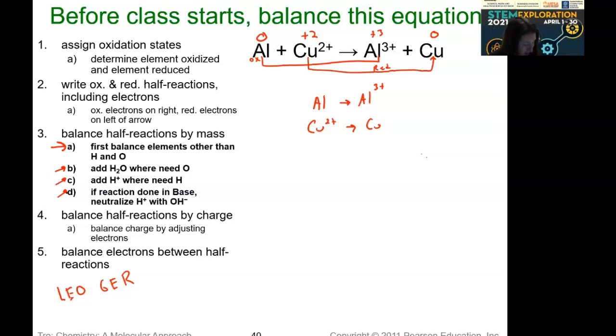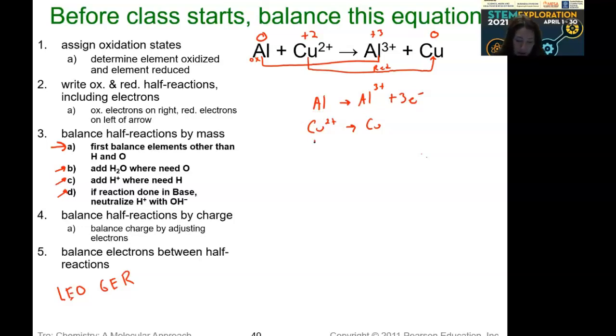Now we have to balance the charges. When we balance the charges, this whole side is a 0, this side is a 3+. All we can do is add electrons, so we need to add electrons to make sure that each side is the same. We'll add 3 electrons to this side. So now this whole side is a 0, and this whole side is a 0.